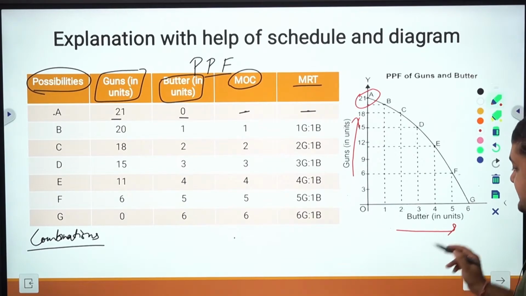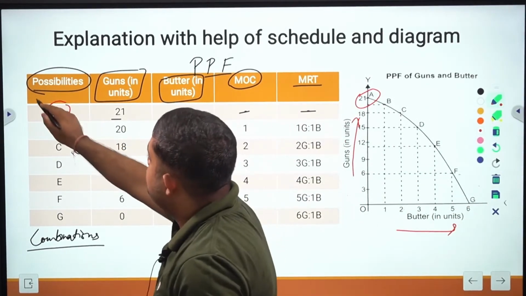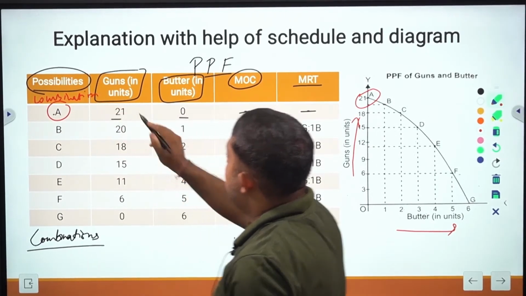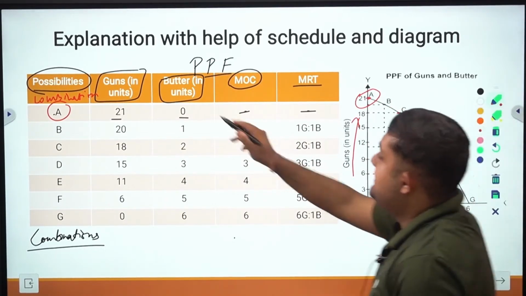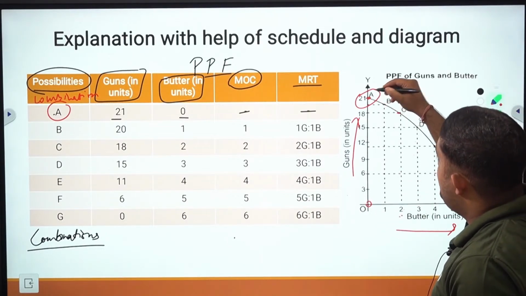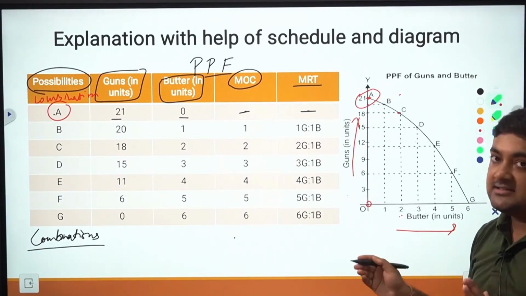So it is our possibility 8, combination 8: guns 21 and butter 0. So this is the point A, where there is no butter and only guns are produced.